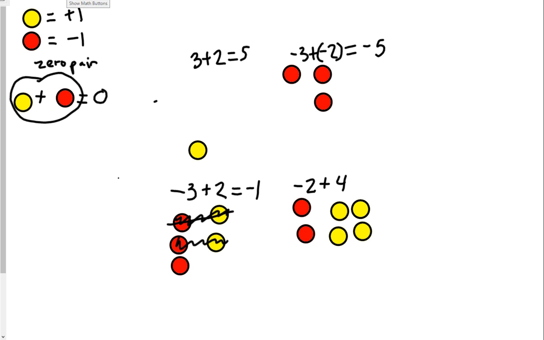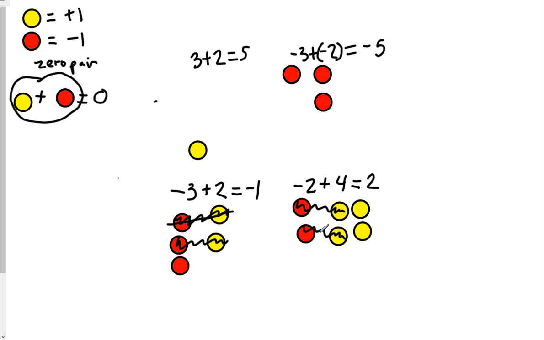What would I do now? Well, anytime I have a yellow and a red being added together, they make 0. So those two make 0. Those two make 0. 2 reds and 4 yellows make 2 yellows, so it's positive 2. So that's the idea behind what we're doing here.